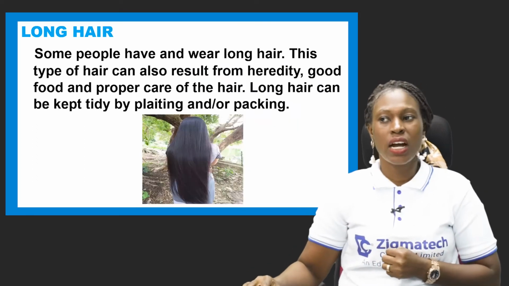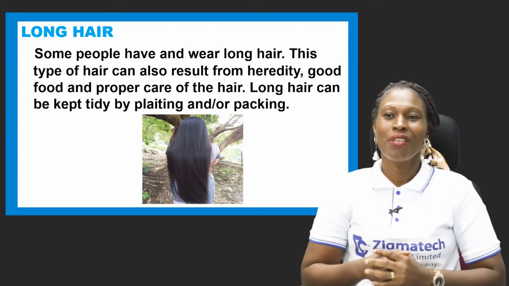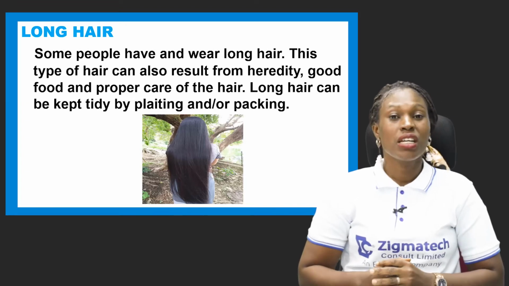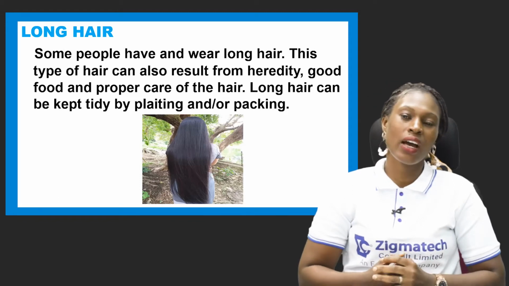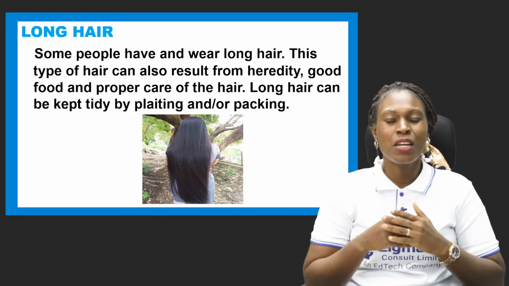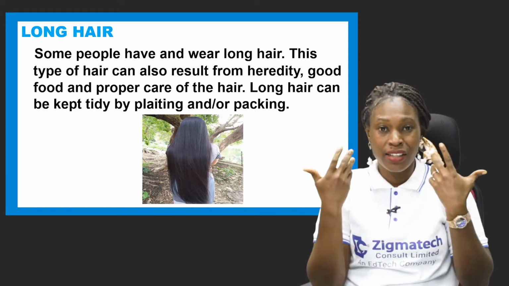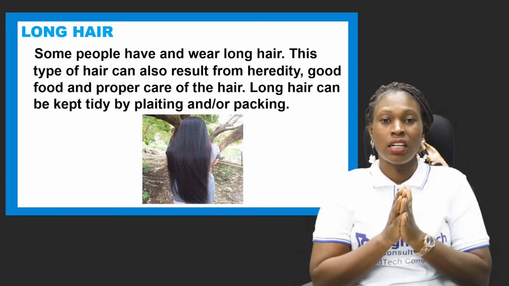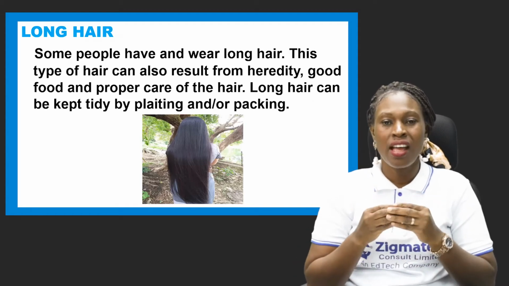The next one we'll look at is the long hair. Some people have and wear long hair. This type of hair can also be as a result of hereditary, just like we said, good food, proper care of the hair. They take proper care by keeping the hair tidy, plaiting or packing it. Now it is believed that if you keep your hair without packing or making the hair, you tend to be losing your hair.